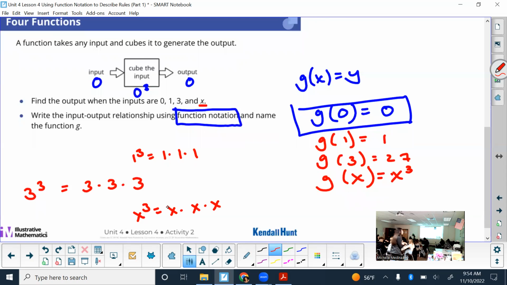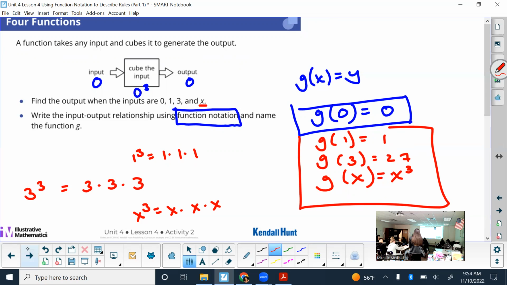So multiplying it by itself 3 times is cubing, so that is the most simplified. All right, so your last one would look just like that. So for any number that x is, you can get an output just by cubing it. So questions on this problem? All right, then moving on.